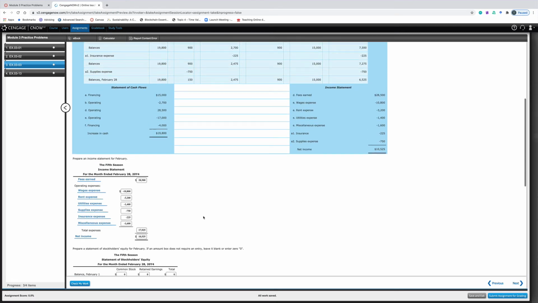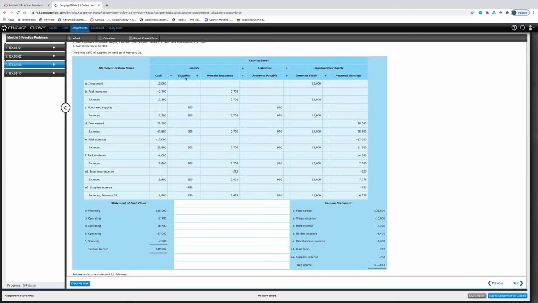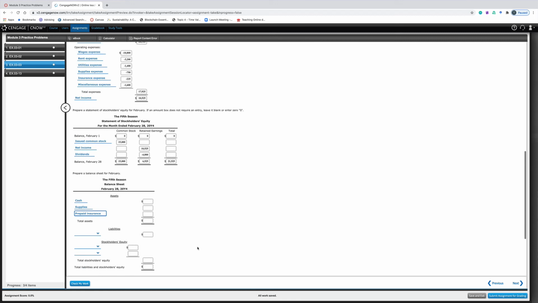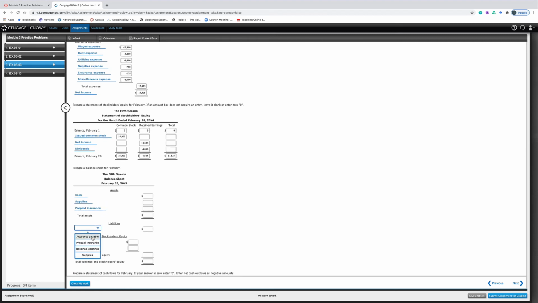So those are our columns up here: cash, supplies, prepaid insurance. Okay. And our liabilities, we have an accounts payable, and then we have two categories of stockholders' equity. One of them is common stock, and one of them is retained earnings.